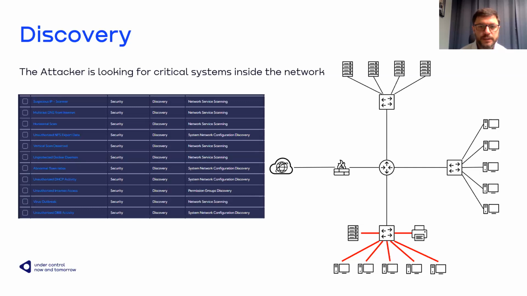Then we've got a discovery phase of the attack. The attacker is looking for another point to attack. So the attacker is looking for the new victim in the network. How does he do it? Just scanning the network. We've got different types of the attacks. So we can make a horizontal scan to scan the whole network.